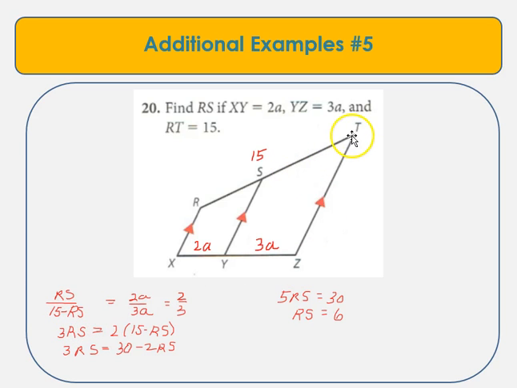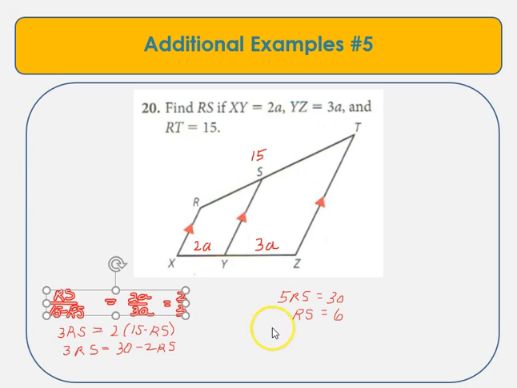And that 15 minus RS will compare to 3A. And if you take a look at this proportion, those A's can be canceled out, and you could say that RS over 15 minus RS equals 2/3.